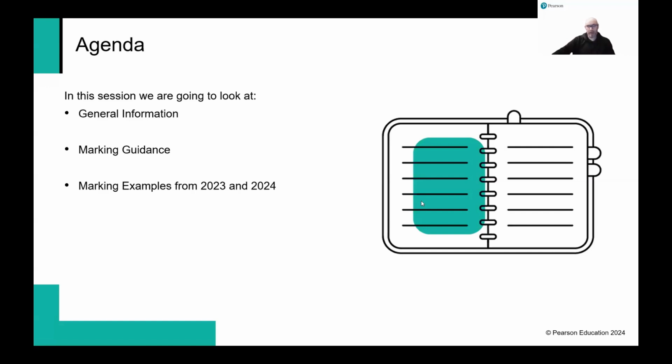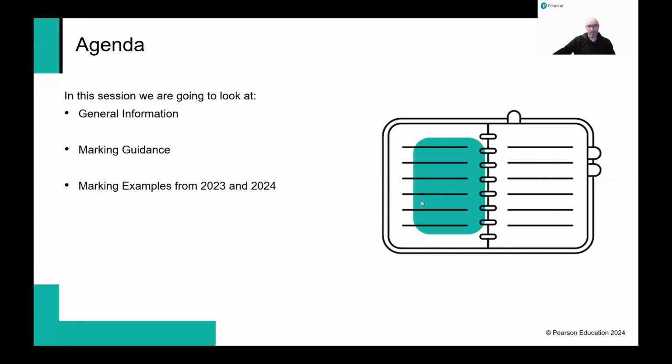If you have access to the papers and the mark schemes to hand, that could be useful. I will be displaying some mark schemes for certain questions. But if you want to have those mark schemes and papers up for these 2 years, please do so. But if you don't have access right away, don't worry too much.